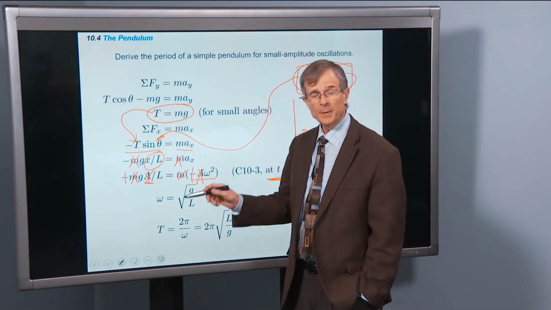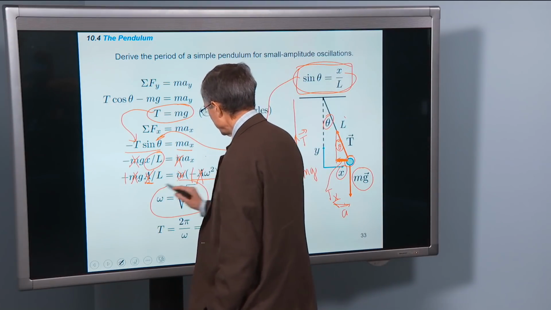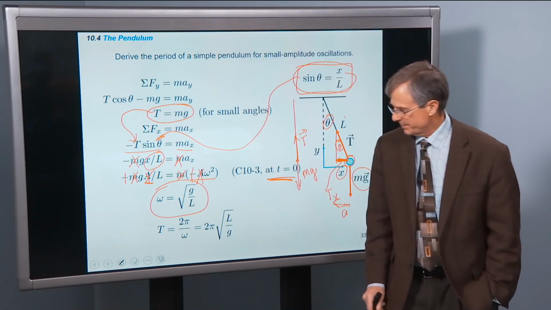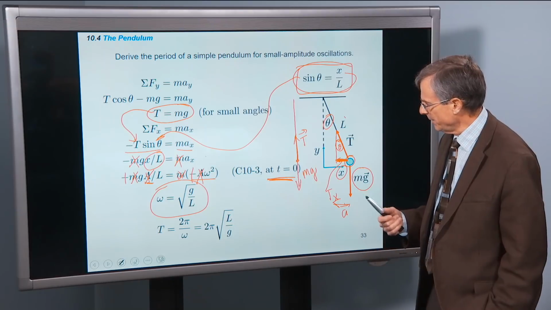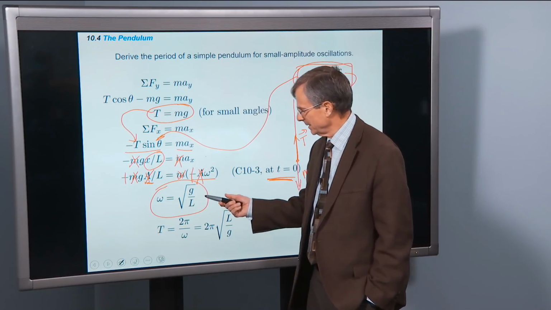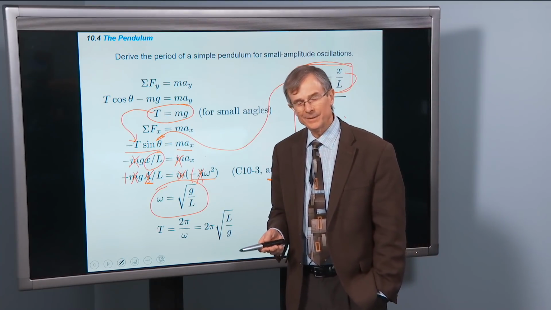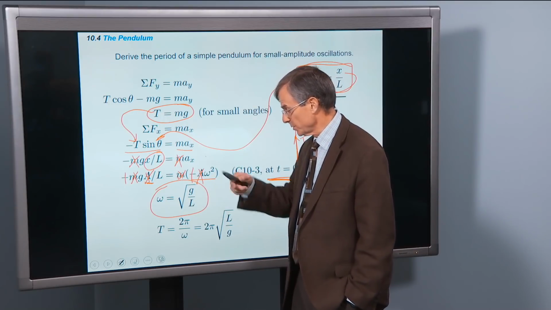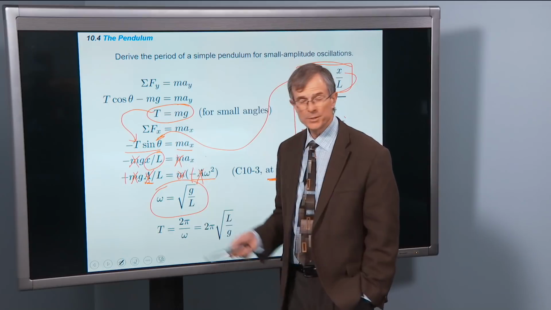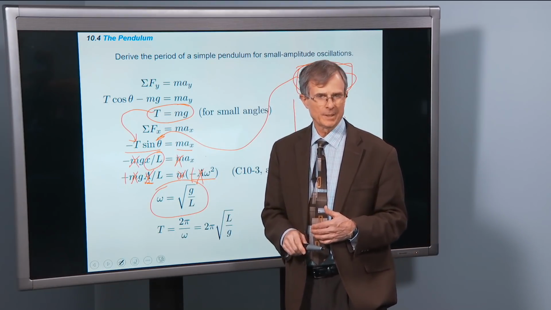And I can find omega by taking the square root of that g over L. So that gives me the angular frequency. And it's interesting, instead of the square root of k over m for the spring oscillator, we get the square root of g over L. So it's always going to be a square root of something over something else.